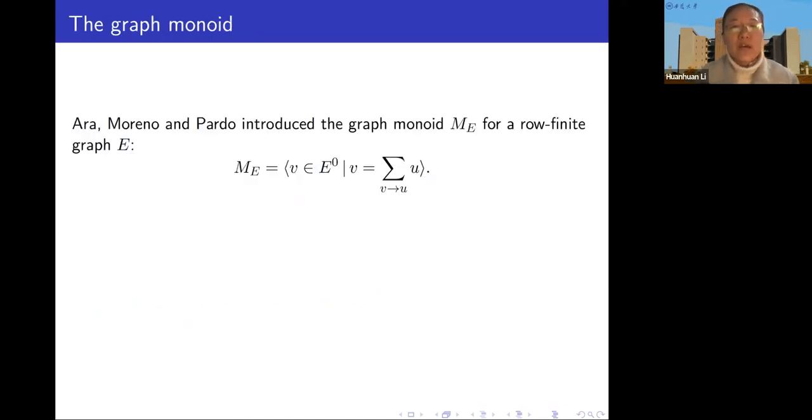For any graph, Ara, Moreno and Pardo introduced the graph monoid M(E) for row finite graphs. Row finite graph means for each vertex of this graph, there are only finitely many edges starting from it.